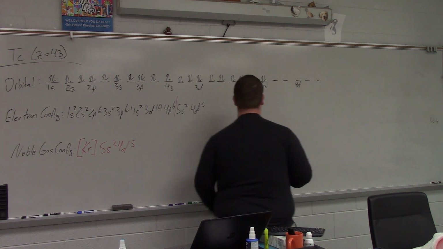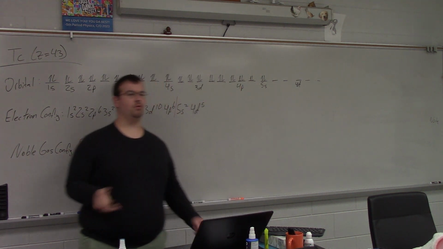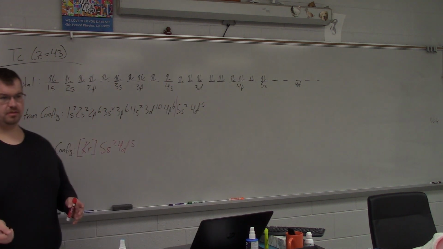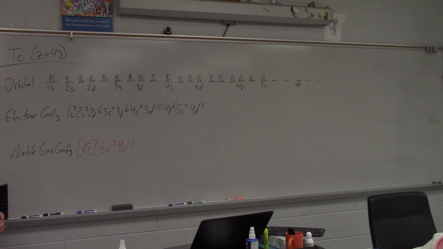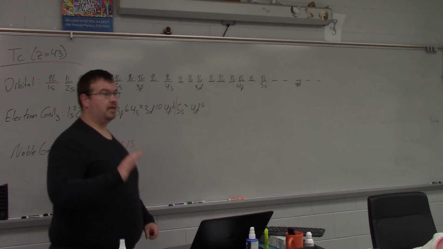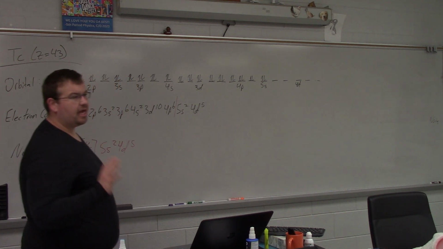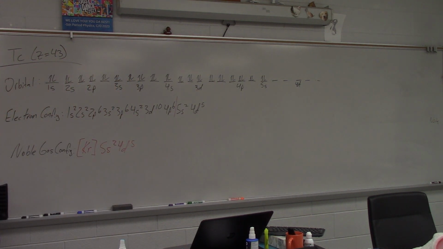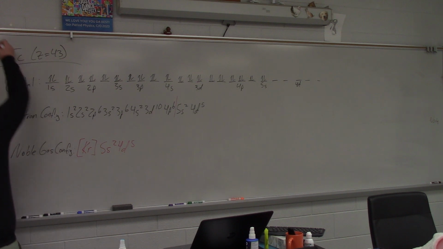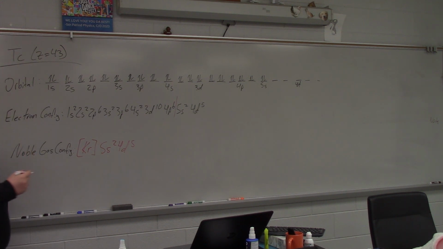When you look at it, how many orbitals are in a D subshell? So how many dashes does it have? It's got 5. So you got the 5 dashes. Now you look at how far you've gone in. So in this case, I went 5 in, which means I have 5 electrons I have to show.